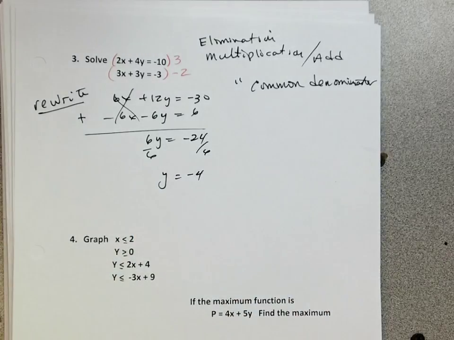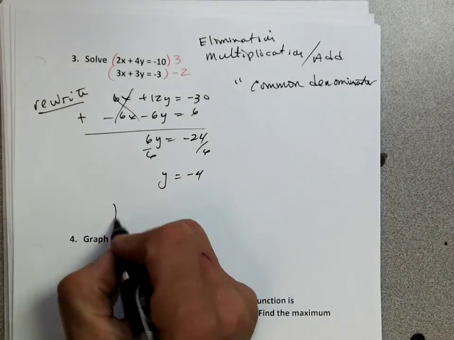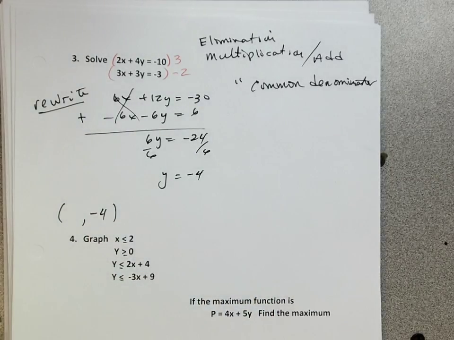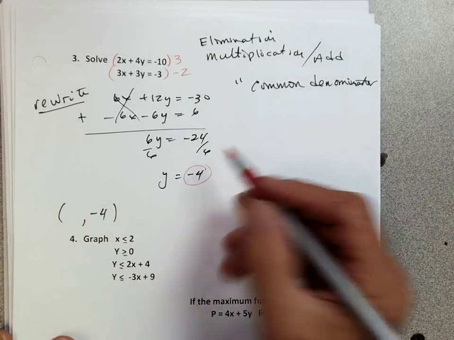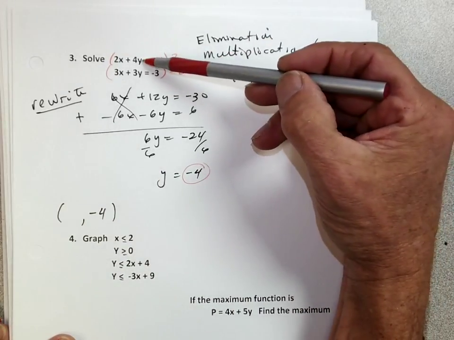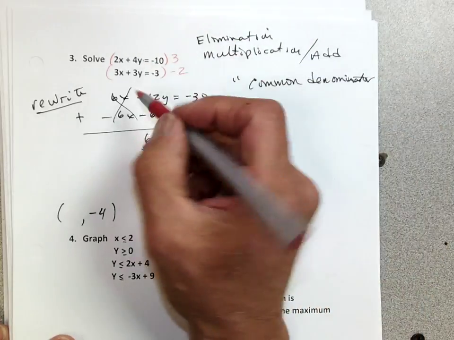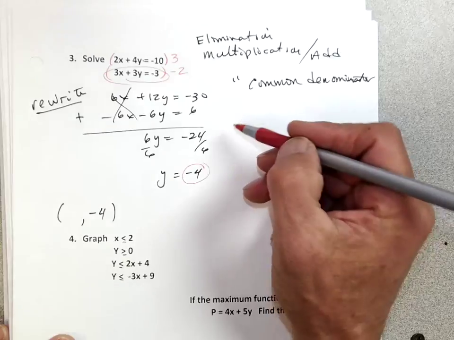Now that's only half the answer, right? So my answer is something, negative 4. To get this something, let's plug my negative 4 into either the top equation or the bottom. Probably the bottom equation looks a little easier, with smaller numbers.